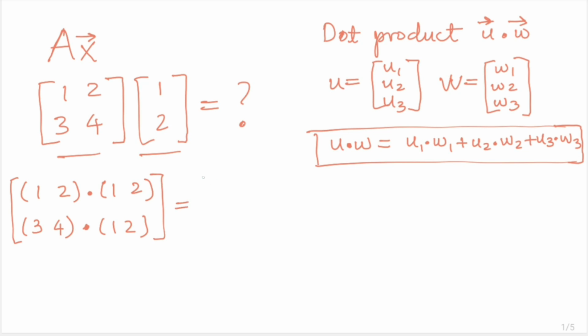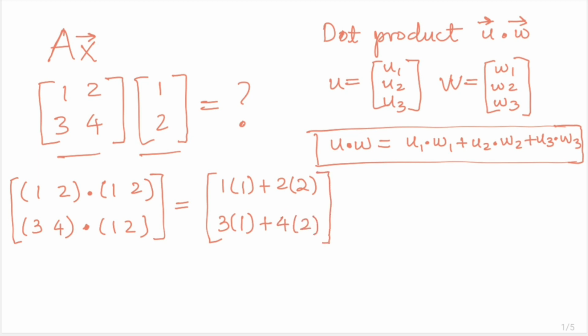1, 2 dotted with 1, 2 is the same as 1 times 1 plus 2 times 2. And then 3, 4 dotted with 1, 2 is the same as 3 times 1 plus 4 times 2.